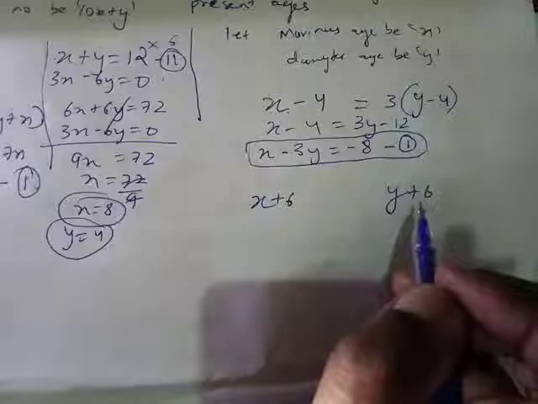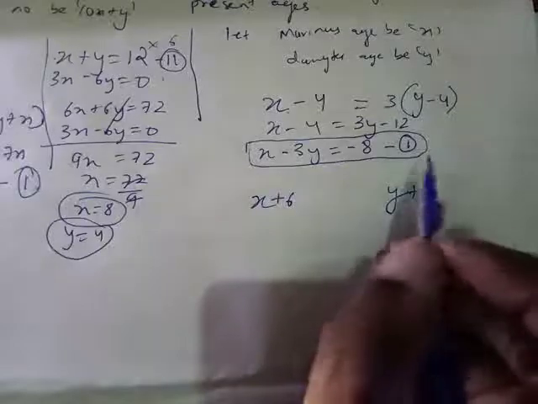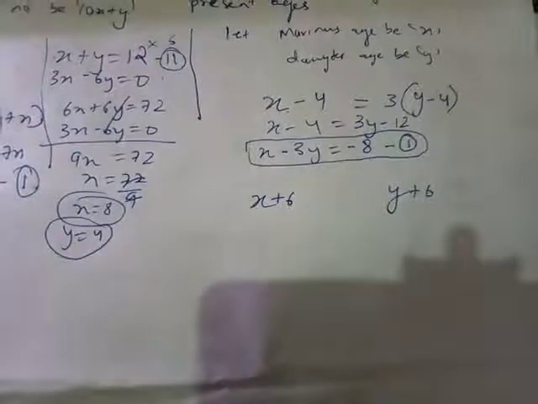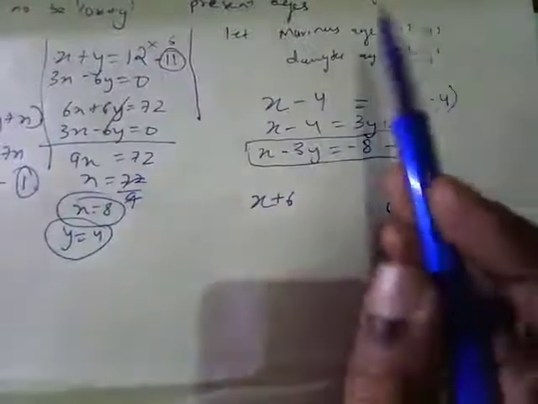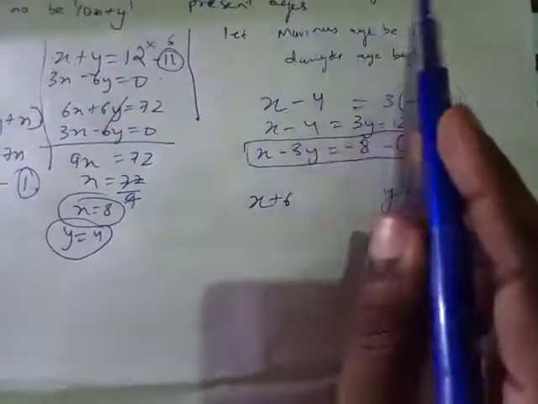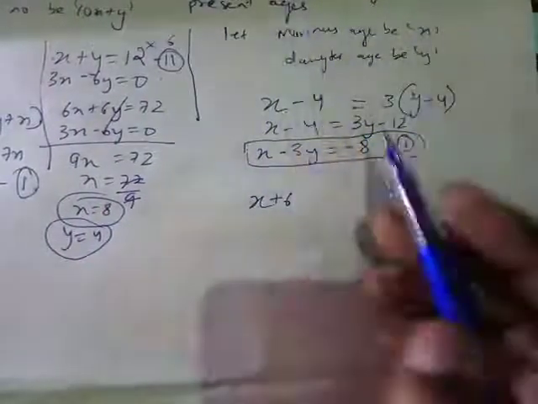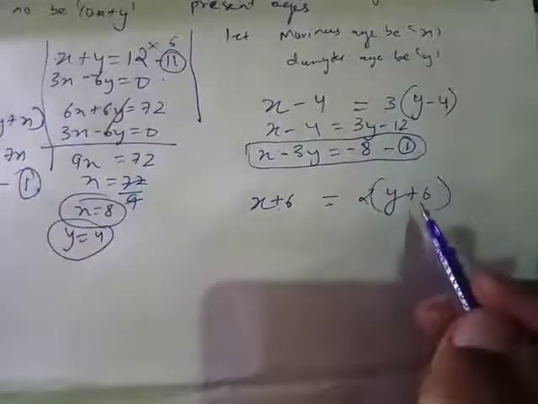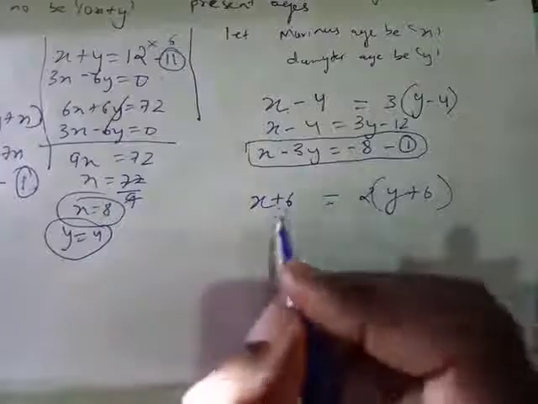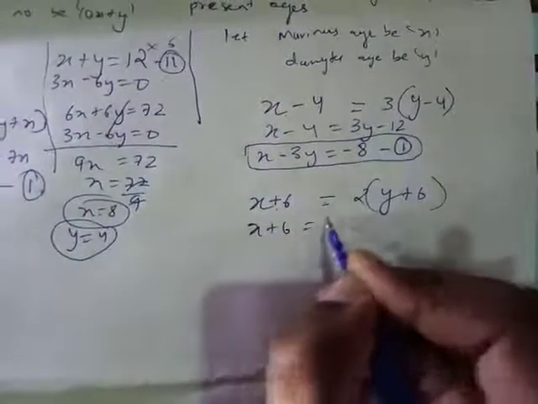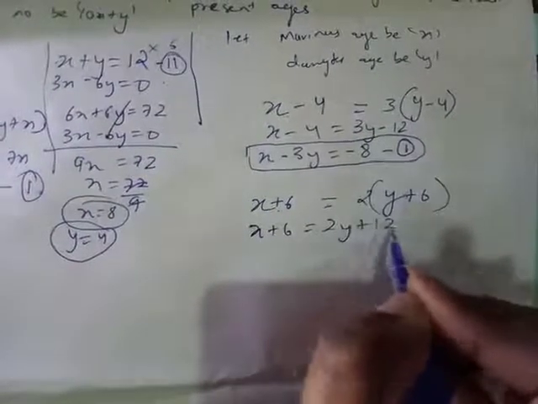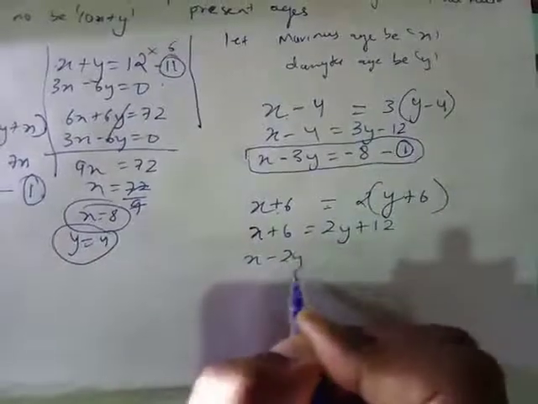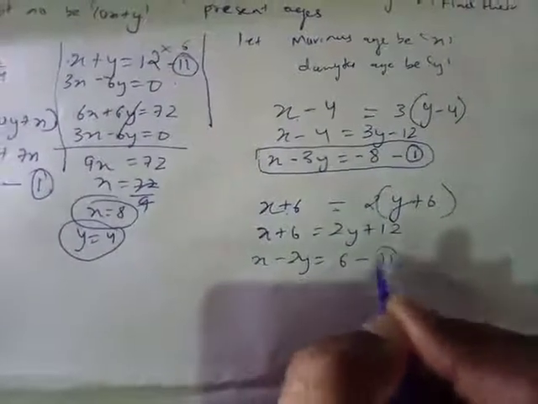So you add 6. I'll read the sentence again: 6 years from now, the mother will be twice as old as her daughter. I simplify this equation and get 2y plus 12. Shift everything to one side, and this is the second equation.